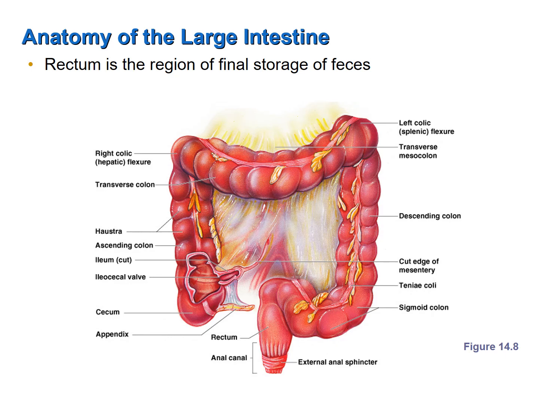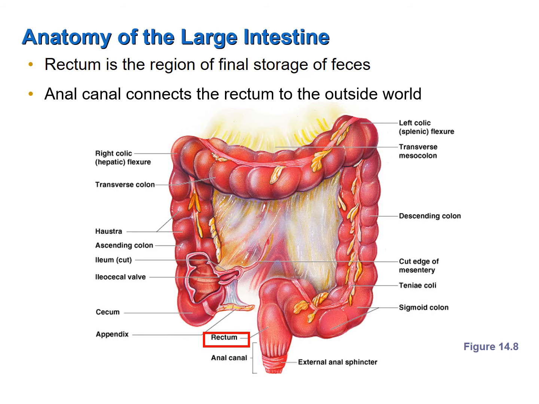The process of defecation will involve the rectum. The rectum is the region of final storage of feces by the large intestine. It is connected to the anal canal, and the anal canal simply connects the rectum to the outside world. The actual opening to the outside world at the end of the anal canal is known as the anus.